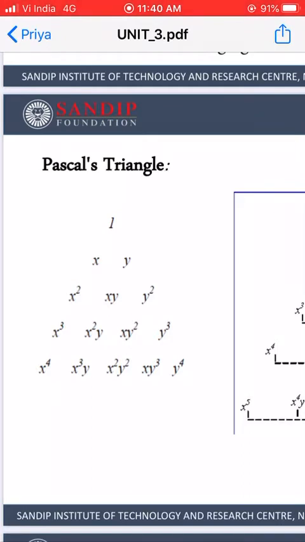Because there is only one dimension, in the x direction. u(x) is equal to a1 plus a2 x plus a3 x square plus a4 x raised to power 4 and so on up to an x raised to power n. It means only x terms should be there for a one-dimensional polynomial shape function. If only a constant term is there, u(x) is equal to a1, then it is called a constant polynomial shape function.